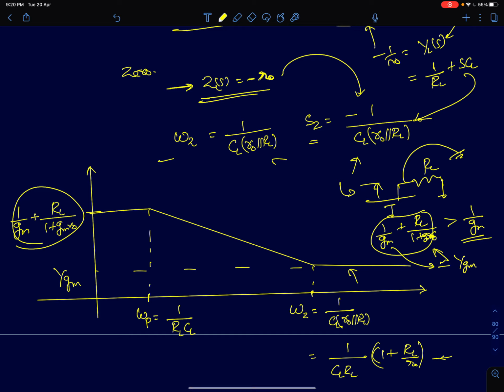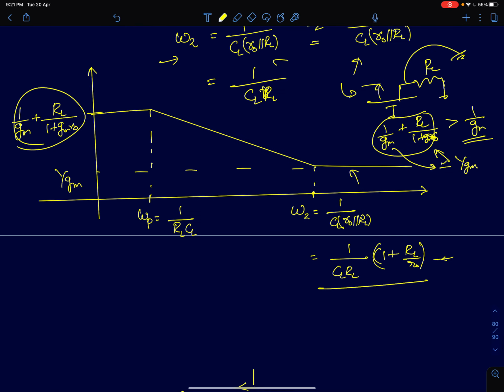Now here you can see the zero location is given by 1 by CL RL into R naught by RL plus R naught. I can also express this term as 1 by CL RL into 1 plus RL by R naught. And the pole is simply equal to 1 by RL CL.